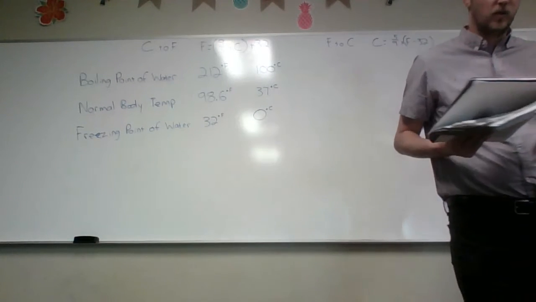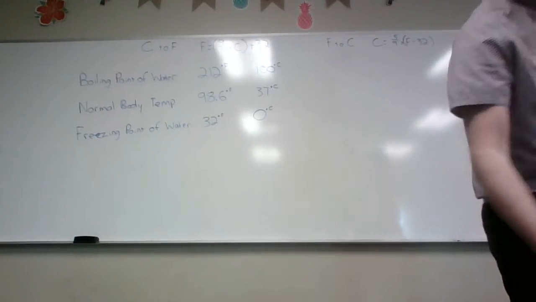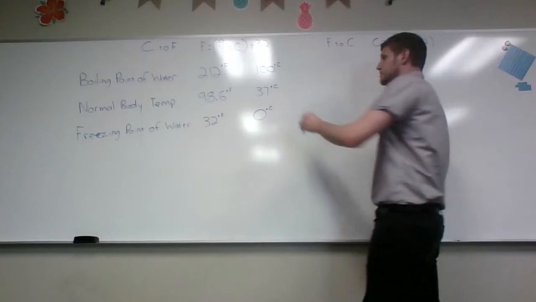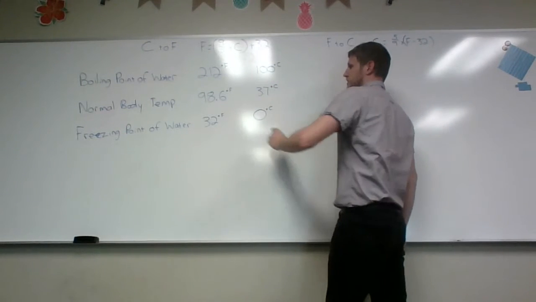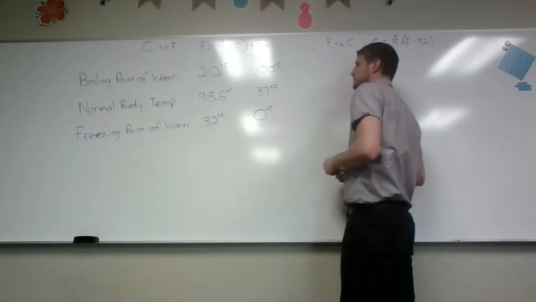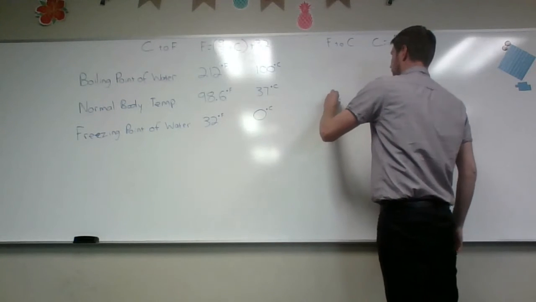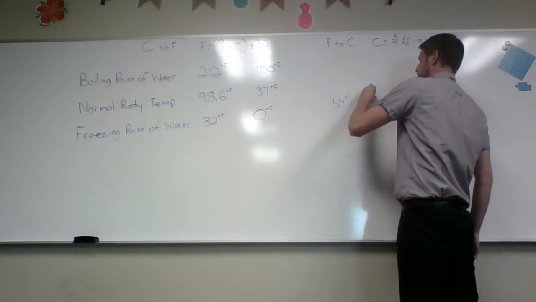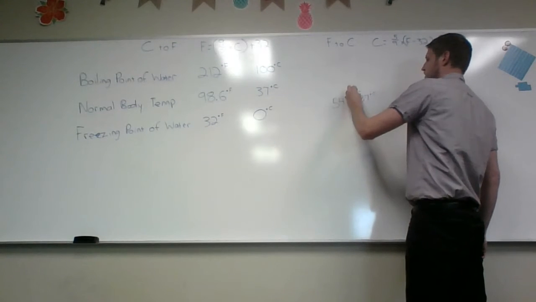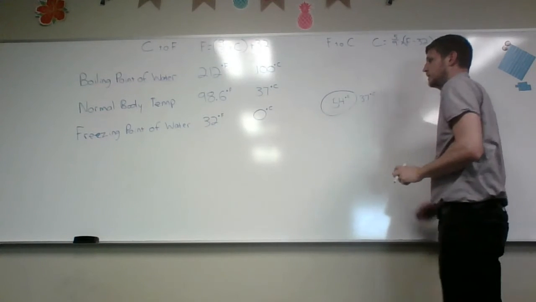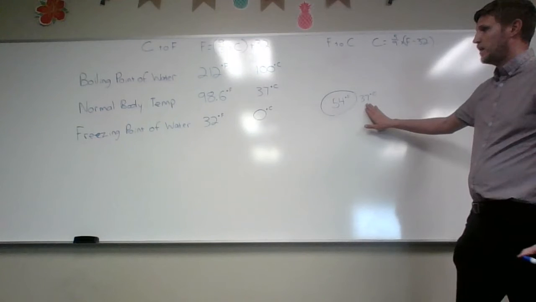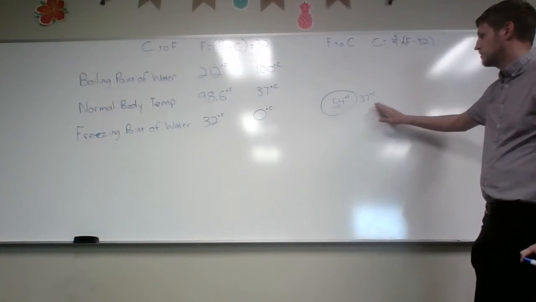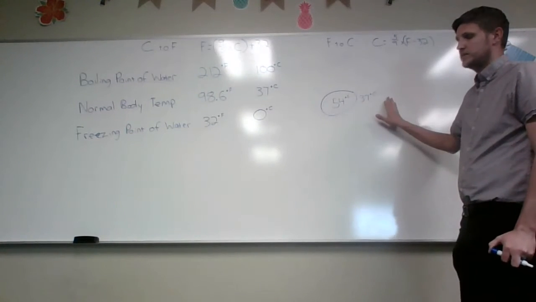Now be careful. Sometimes, even if the number is smaller, look at 37 degrees Celsius. If I had 54 degrees Fahrenheit and 30 degrees Celsius, and I asked which one's colder, this one would be colder, because 37 degrees Celsius is about 99 degrees Fahrenheit. So you have to make sure you look at Fahrenheit or Celsius.